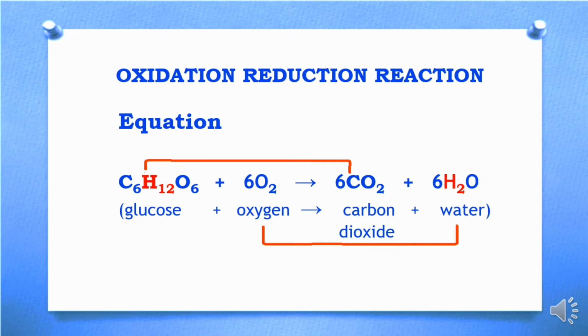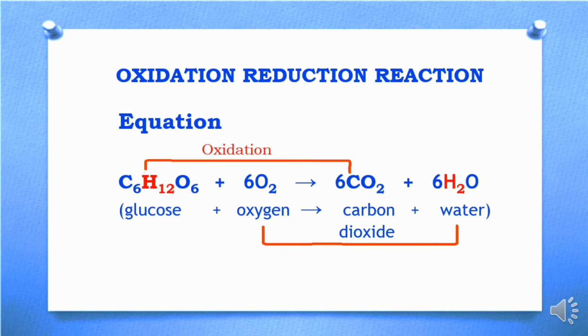You can see in glucose highlighted the hydrogen atom. Hydrogen is removed from glucose and it is converted into carbon dioxide. And in our previous slide, we studied that the removal of hydrogen from any molecule is known as oxidation. So we can say that here oxidation has taken place.